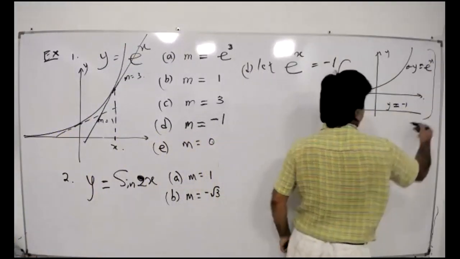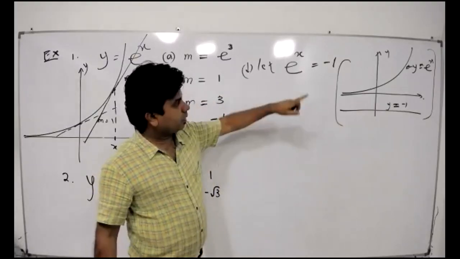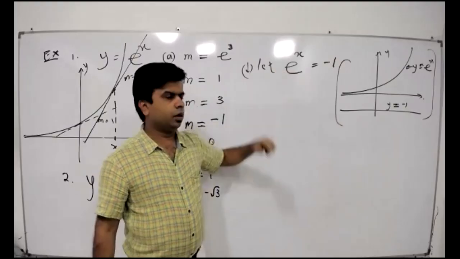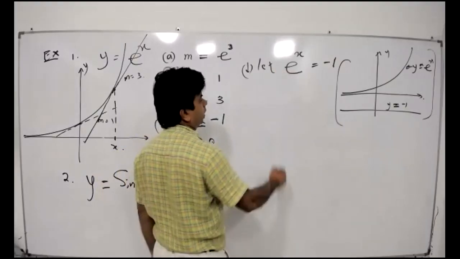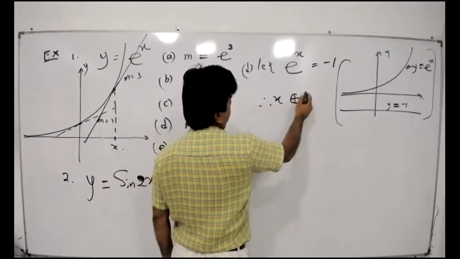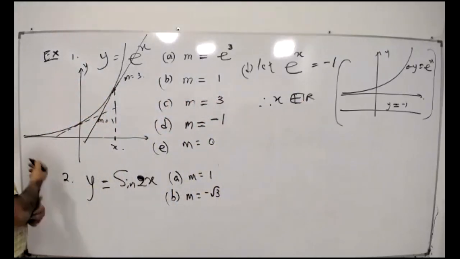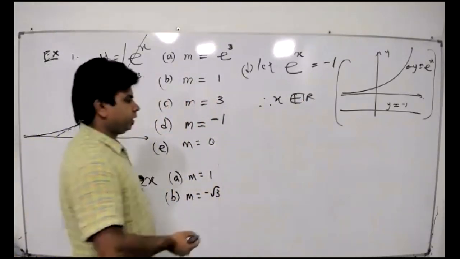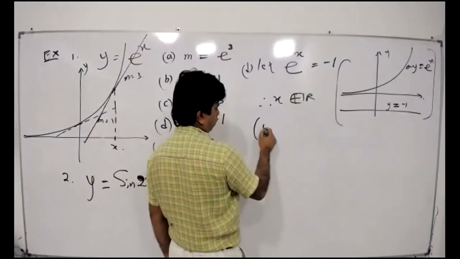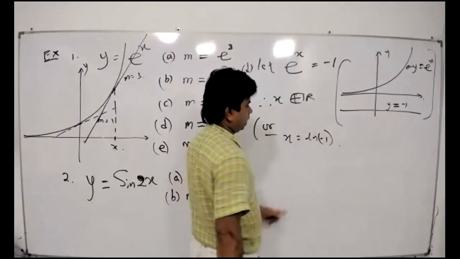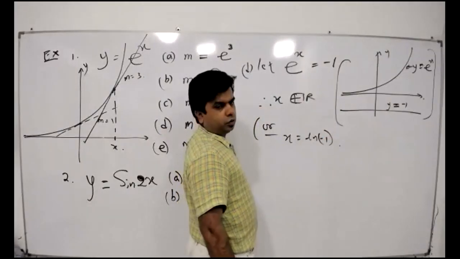I have given this earlier. So you can write that x is not real. Otherwise, x equals ln -1, and you know that here -1 does not exist.